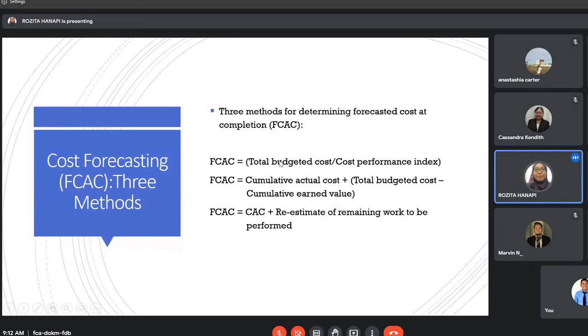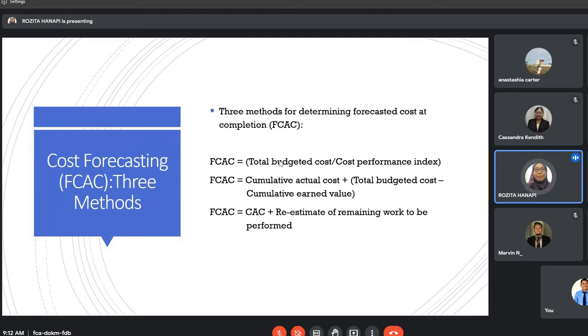If for example, your total budgeted cost, okay, is 100,000 and the cost performance index is 0.79, then the answer would be 100,000 plus.